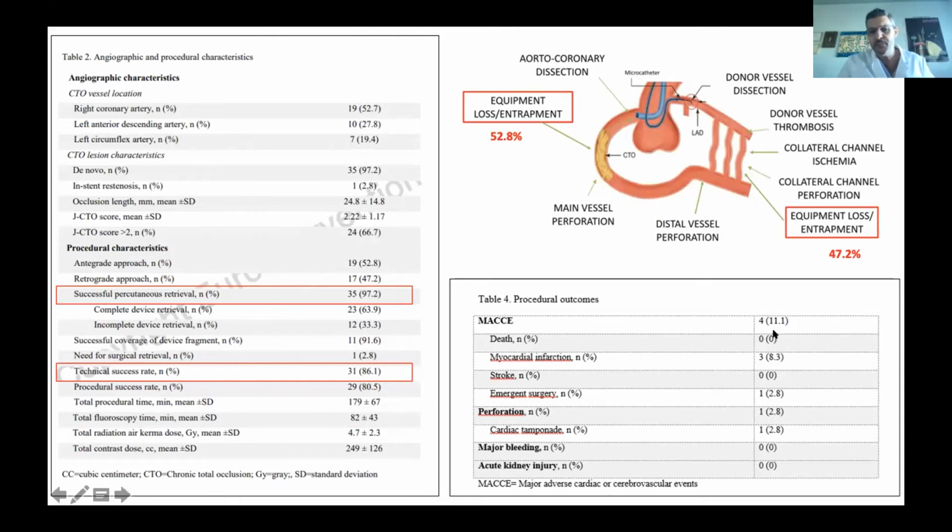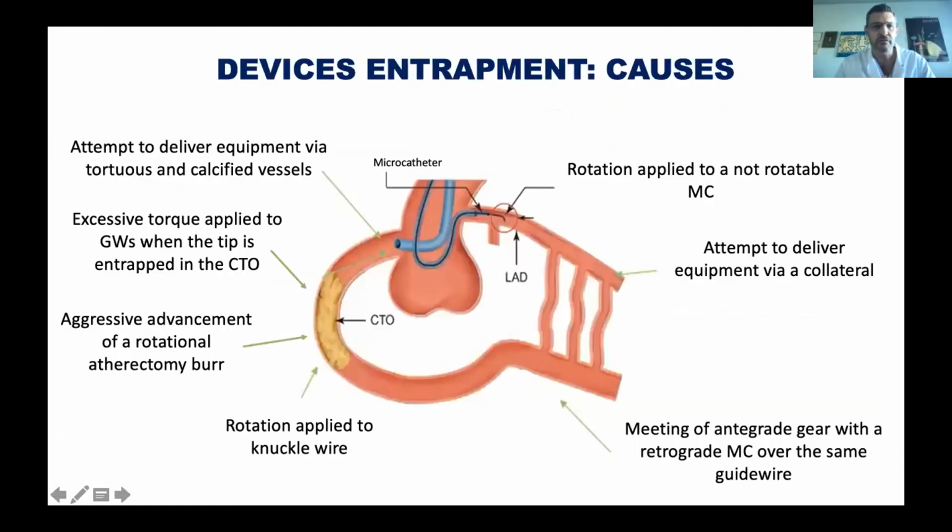The MACE rate was about 11%, and it was, of course, mainly represented by periprocedural myocardial infarction. You can appreciate that the rate of device entrapment during antegrade procedures is very similar to the rate that can occur retrogradely. So what are the main causes of device entrapment?